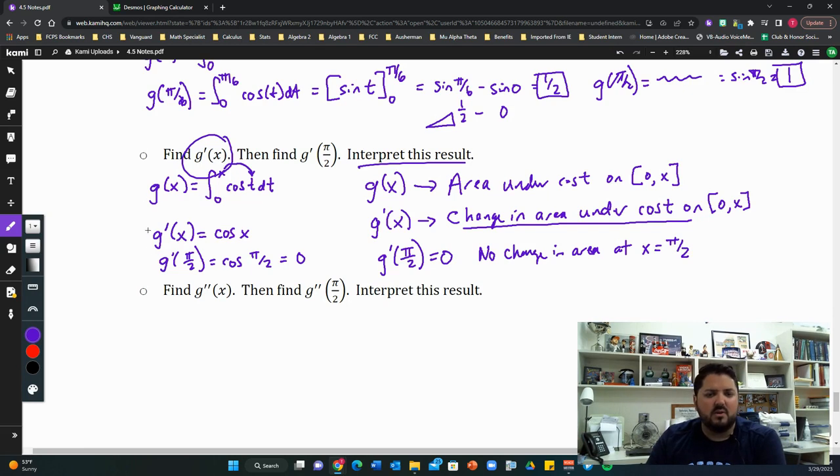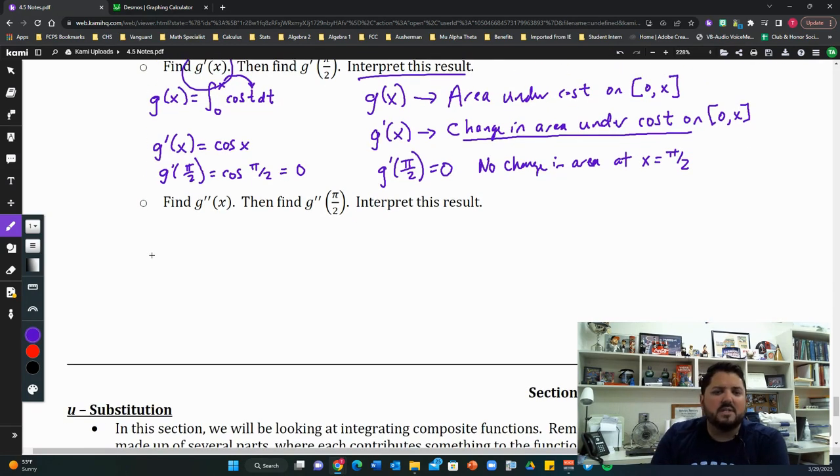Okay, so now let's talk about the next part, our second derivative. So if I add on one more of these, g prime of x is the change in the change in area, okay? Now, again, with second derivatives, a lot of times we hear phrases like slowing down or speeding up, because a lot of times we think of it as acceleration.